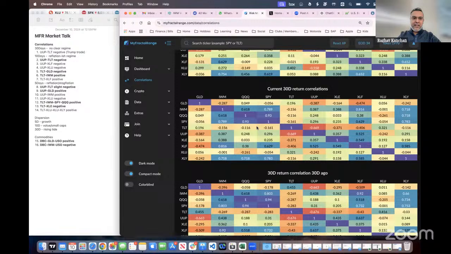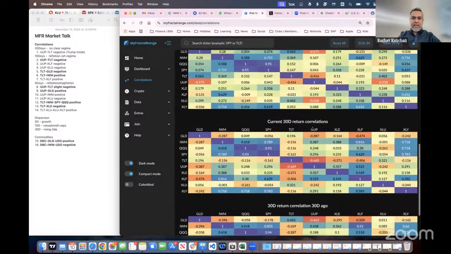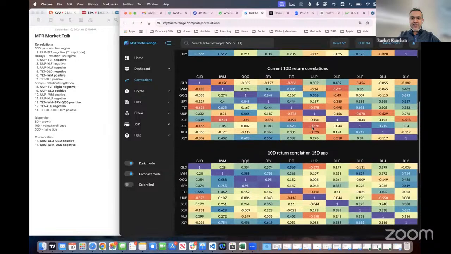In the 30-day there's no clear regime. We had UUP and TLT negative, which was the Trump trade. Basically, the dollar was going up and the rates were going up. In the last 10 days, we have seen some changes.